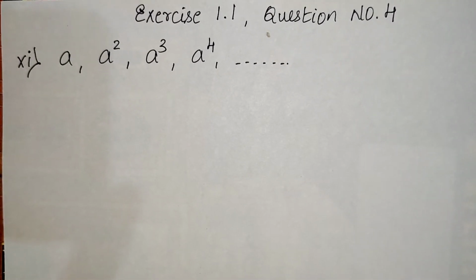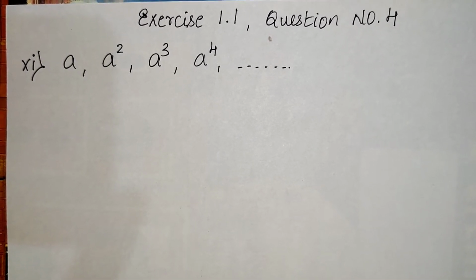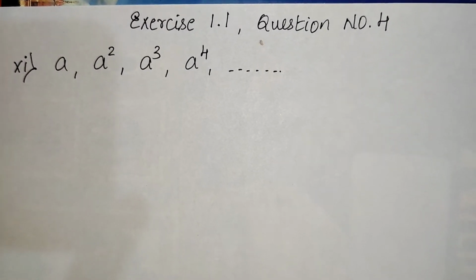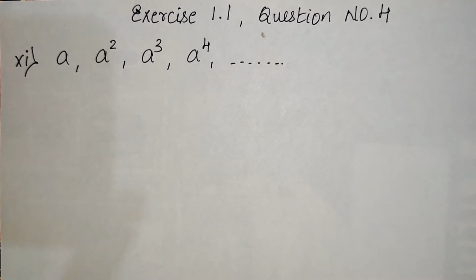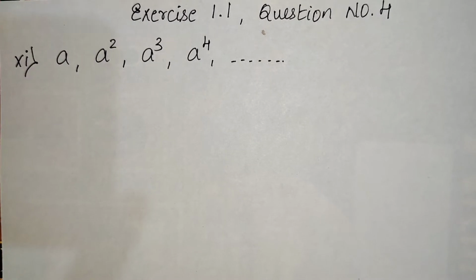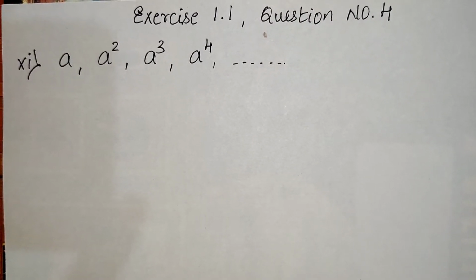In my previous video I did arithmetic progression exercise 1.1 question number 4. All the 10 problems I had finished, and now let us see the continued part of it, from the 11th problem. By the end of this exercise you must be familiar with the common difference, the terms of the AP, that is your first term, second term, third term.